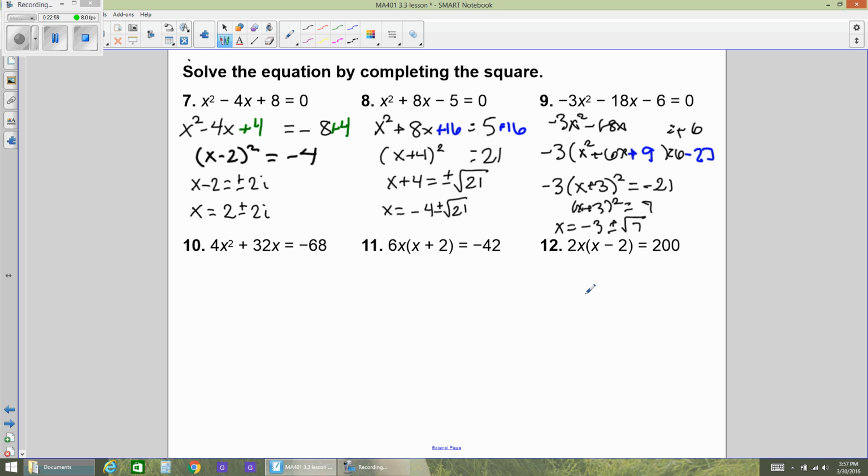Number 10, they moved the constant for us. That was so nice of them. So I'm going to factor out the 4. So that leaves a x squared plus 8x. I'm leaving some space. It's equal to -68.